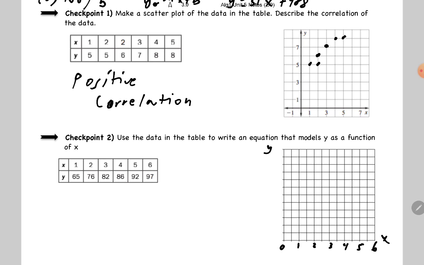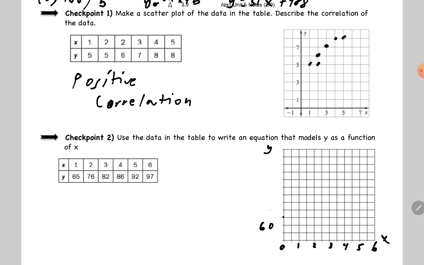Okay. Now here, you want to fit all the data. So we're going to look at the Y values of 65, 76, 82, 86, 92, 97. So they all fall between 60 and 90. So we don't really need 10 through 50. So I'm going to say this is 60. And we can either go up by 5s or by 10s. So let's say we go up by 5.